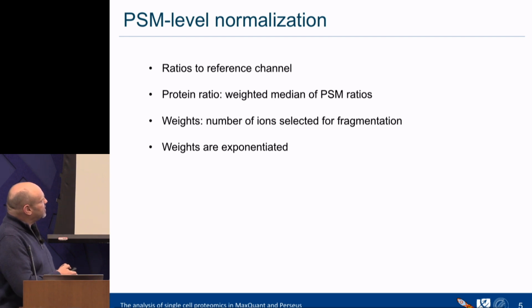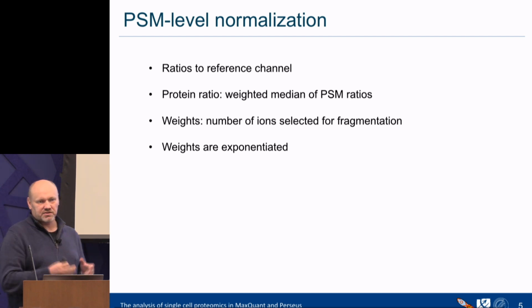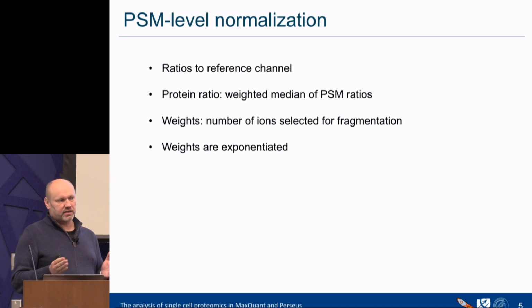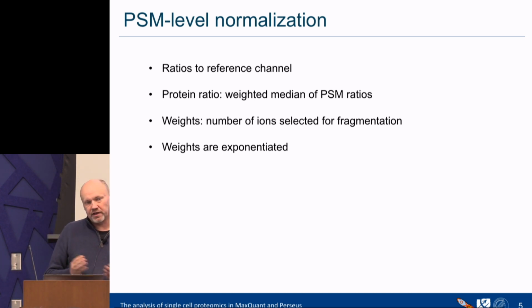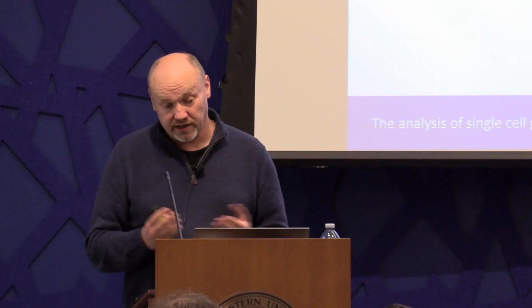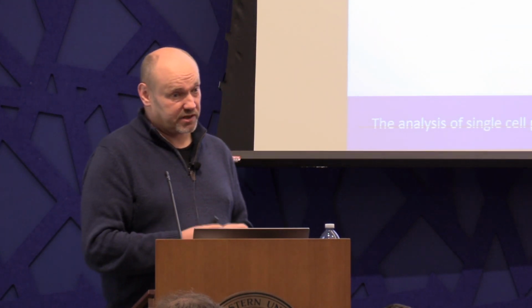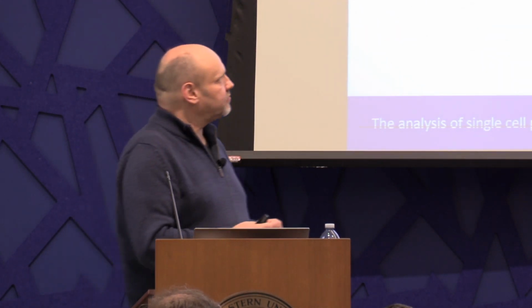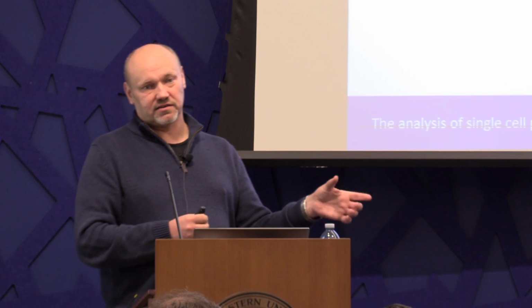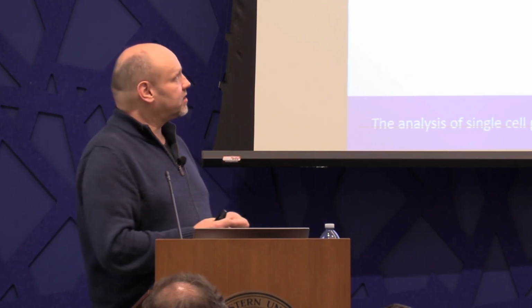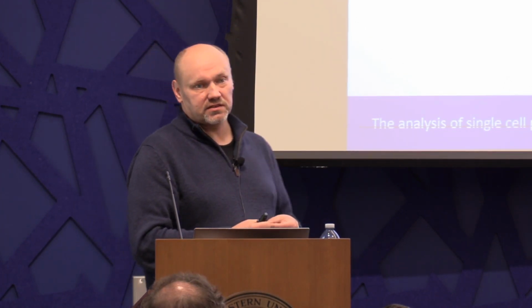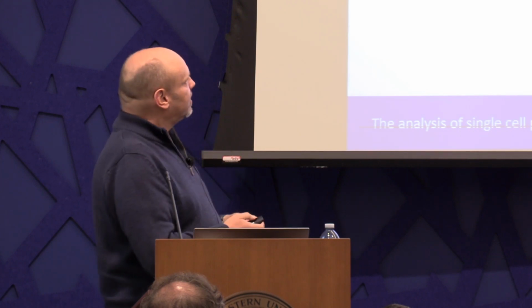So what should then be the weights that one is using there? What we were thinking would be a good weight is the number of ions that were selected for fragmentation. In that way, a ratio that is based on many ions would have a bigger weight in this median. Something that is just at the noise level and very likely to be contaminated with co-fragmentation signals will get a very low weight in this sum.